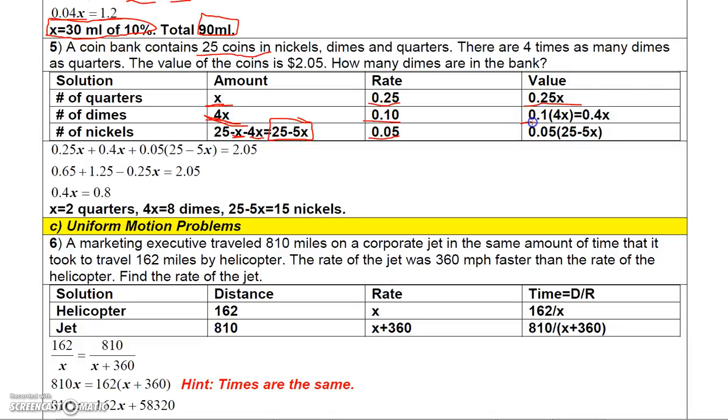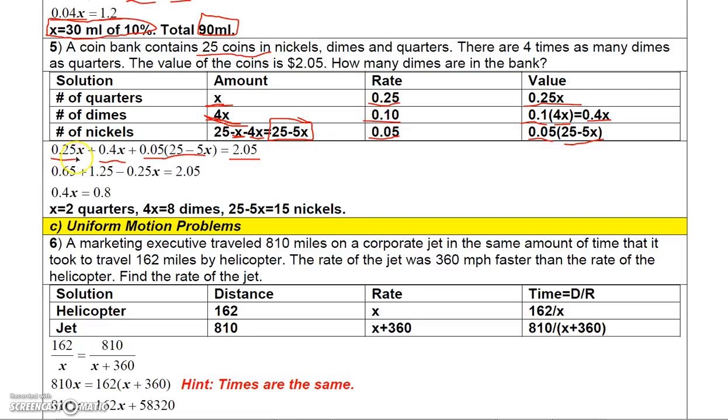If you take 0.10 and multiply it by the number of dimes, that's going to give you 0.4x. So that's going to give you the value of your dimes. And then if you take 0.05 and multiply it by 25 minus 5x, that's going to give you the value of the nickels. Well, we know that if we add these three values together, they've got to add up to $2.05. So I'm going to take the value of my quarters plus the value of my dimes plus the value of my nickels, and they should add up to $2.05.